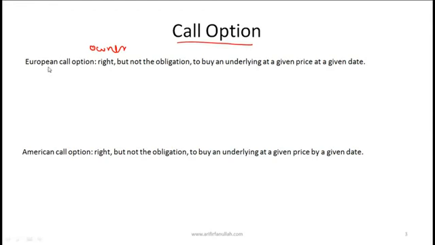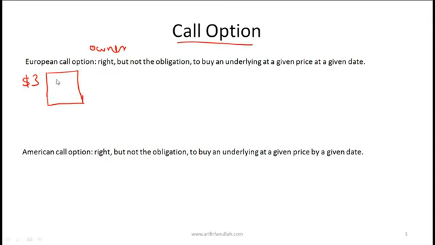Let's say you are the proud owner of an option, and the way you can think of this is as follows. You pay $3 for this option, which is essentially a piece of paper or a contract that you have purchased from somebody else. Let's just call that somebody else the option writer. Now this piece of contract says the following.